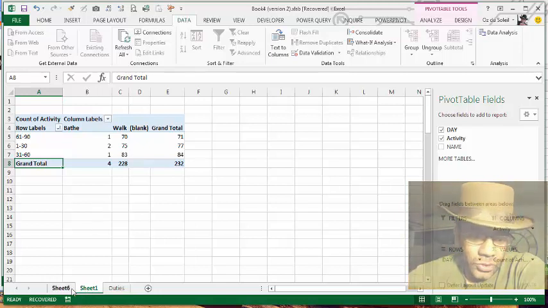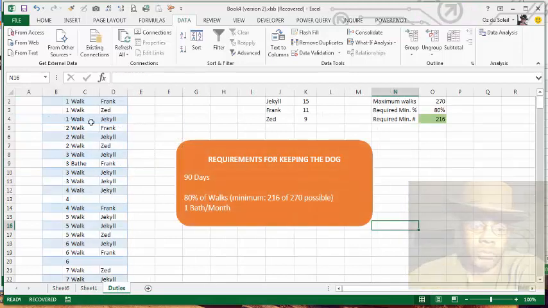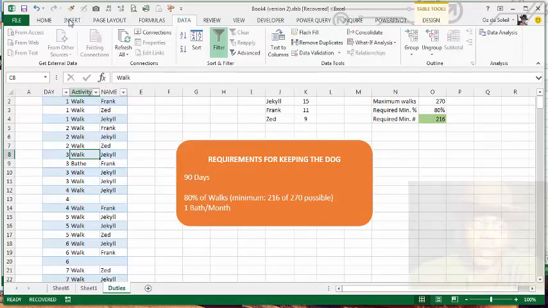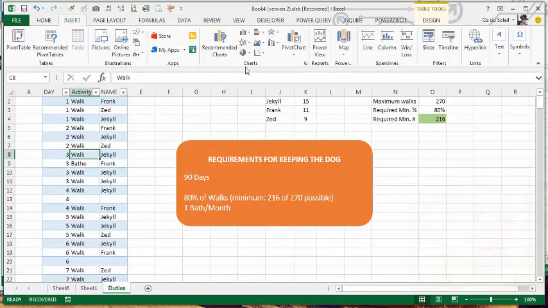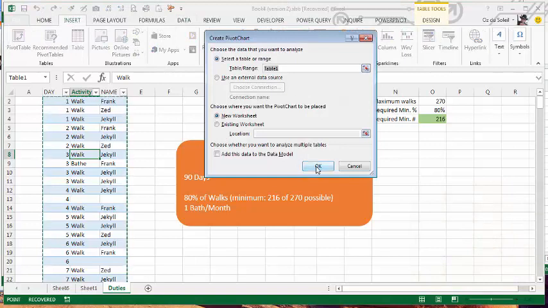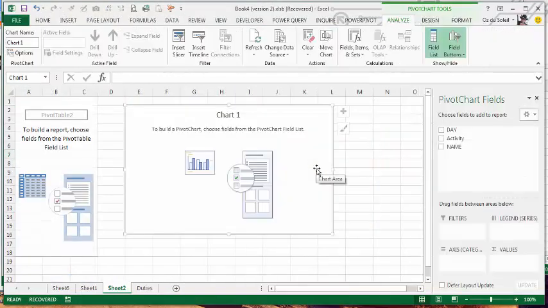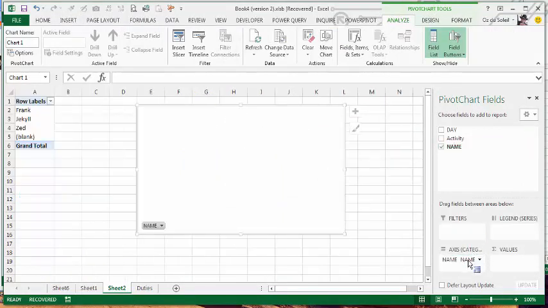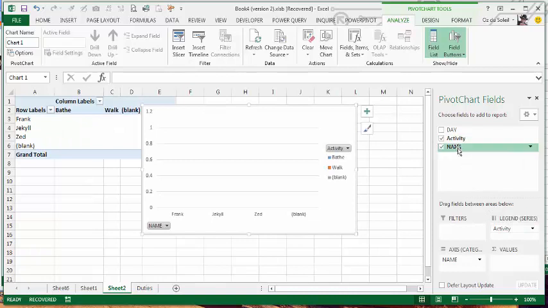But let's do a little more analysis to find out who is doing most of the work. So let's go to insert a pivot chart. Let's put the name in the axis and here, and then let's put the names in the values.